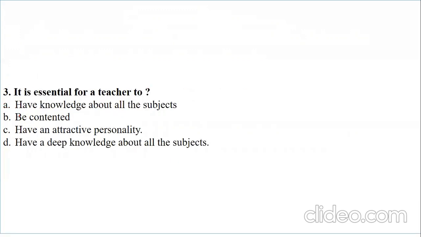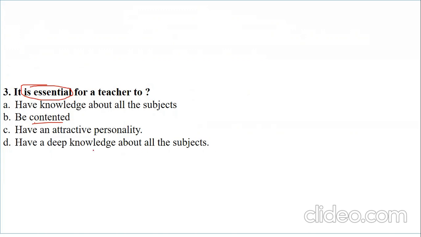Now, when we go to question number 3, it is essential for a teacher to do what? Now let us see what a teacher has to do. What is essential? It means what is more important for a teacher to do. To have knowledge about all the subjects, be contented, which means to be happy, have an attractive personality, have a deep knowledge about all the subjects.